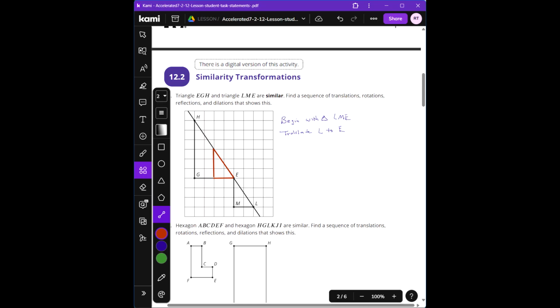And then what do I need to do? Next thing I need to do is, I know that this is 2, and this one is 4.